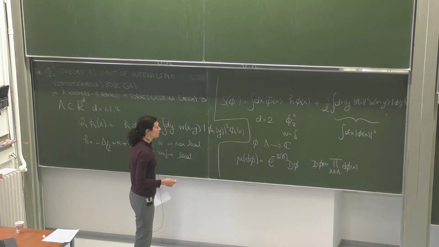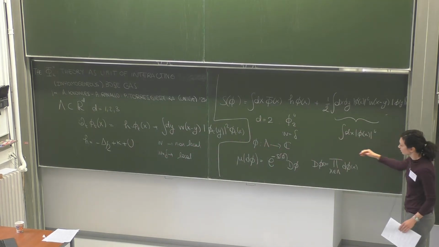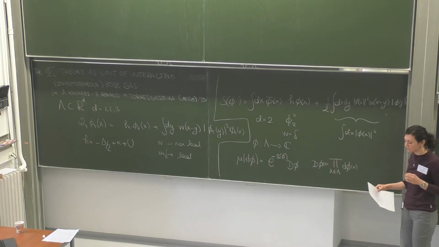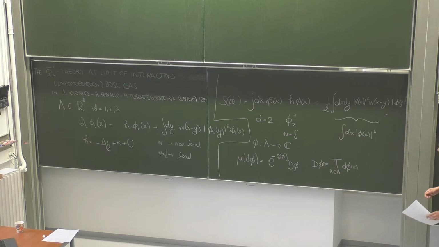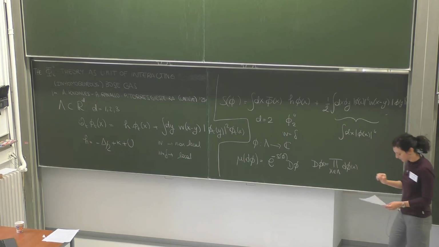So the construction of this type of measure has a long history since the late 60s from Nelson, Simon, Glimm, Jaffe, in the field of constructive quantum field theory, where their goal was exactly to construct this kind of measure.